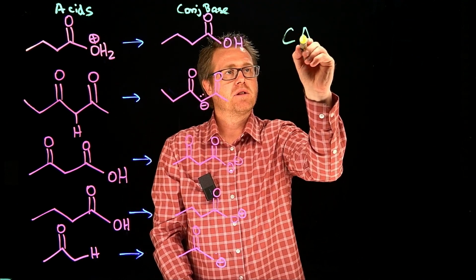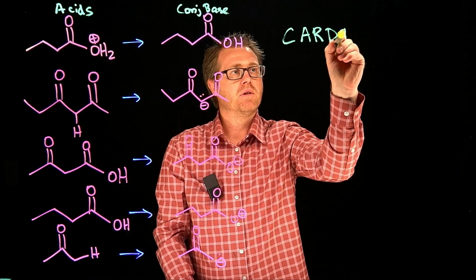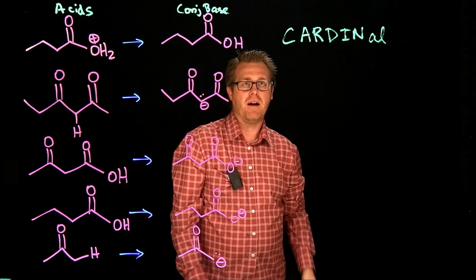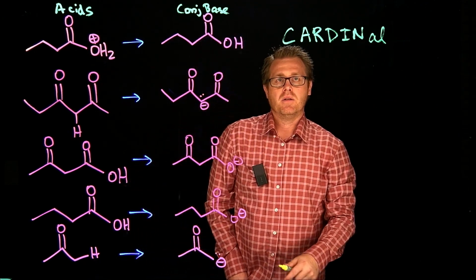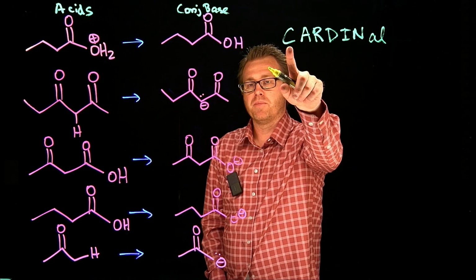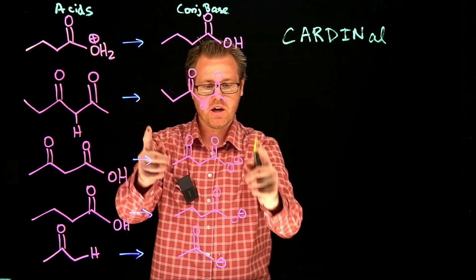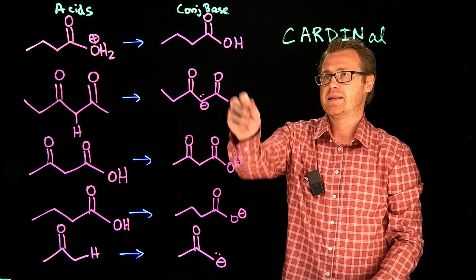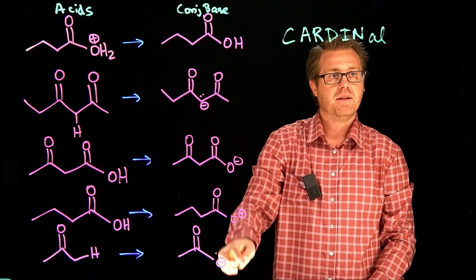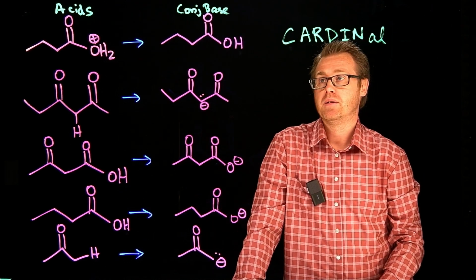And I like to use the cardinal rule to help us figure that out. So C in the cardinal rule stands for charge. And I look at all the conjugate bases here, and I see that this one's neutral, and every other one is charged.